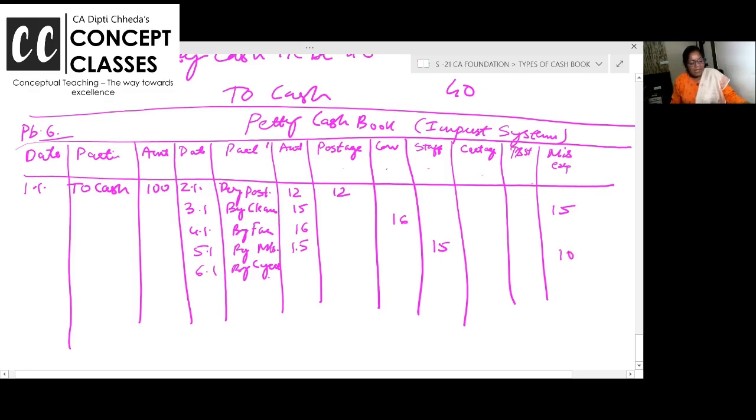10. Advertisement, once only we are doing. Advertisement, 30 rupees. Where to put the 30 rupees? Miscellaneous.